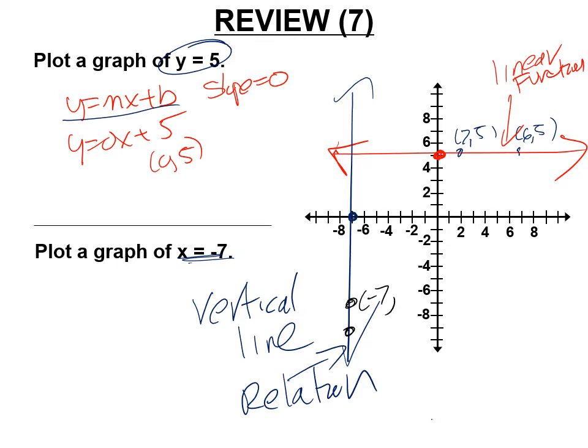There's (-7, -7), here's (-7, -9). Everything starts with -7. So it can't be a function, it's a relation. It's a vertical line. The red one is what kind of line? A horizontal line. The horizontal line is a linear function. The vertical line is a linear relation.